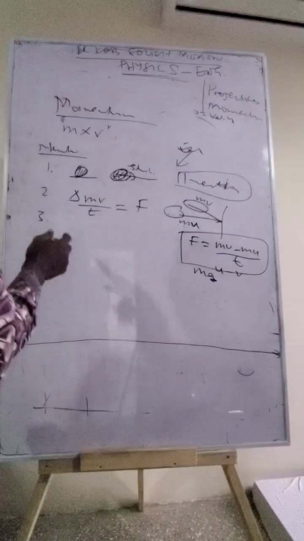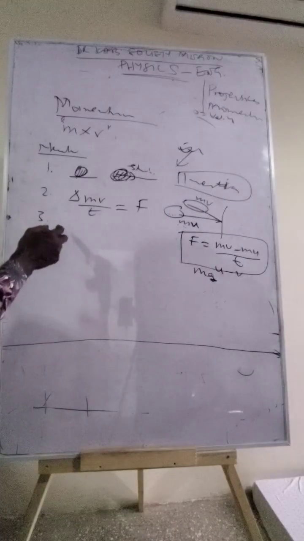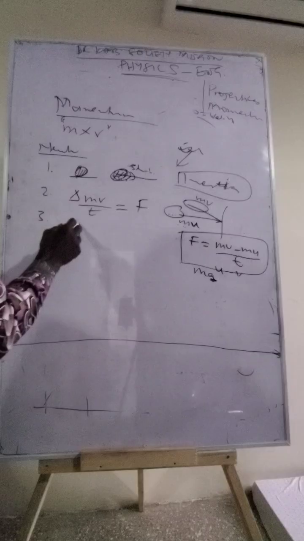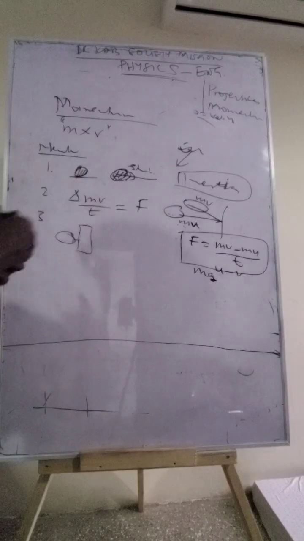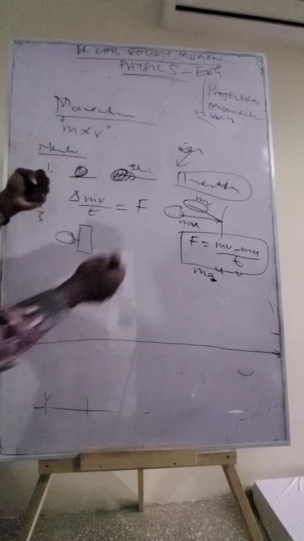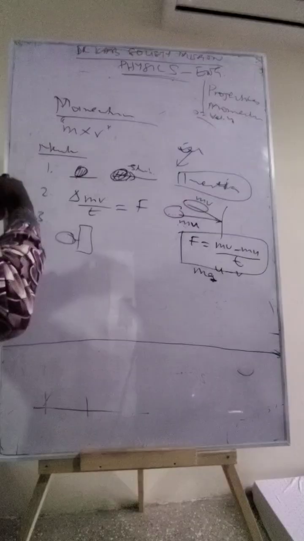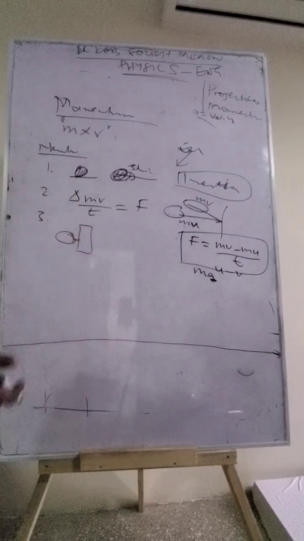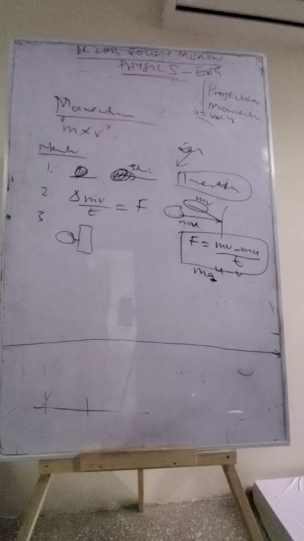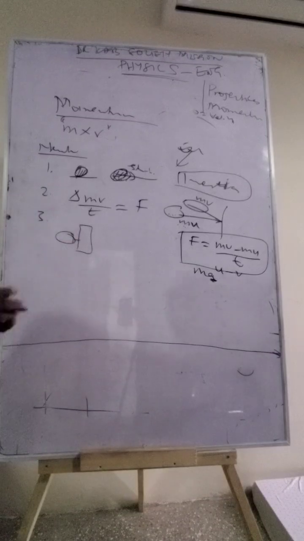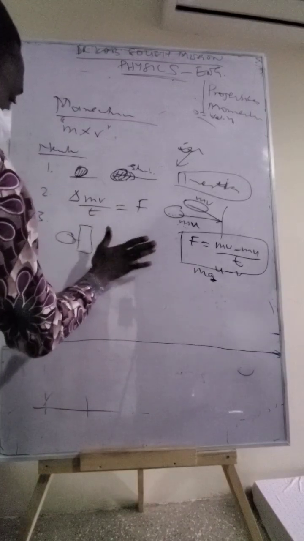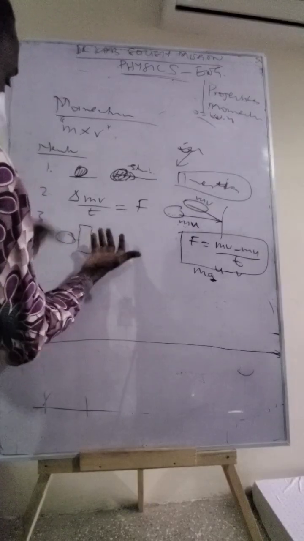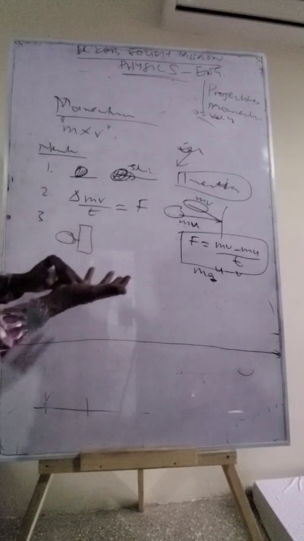The third Newton's law, of course, we know: for every force there's an equal and opposite reaction. So every force that you apply, the force that opposes it, they are equal. If I slap or hit this, the force that I use to hit this is the same force that this also impacts on my hand.